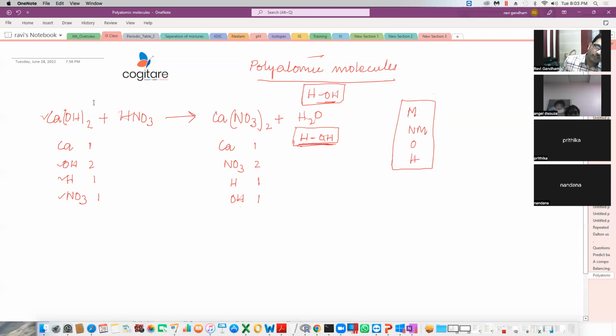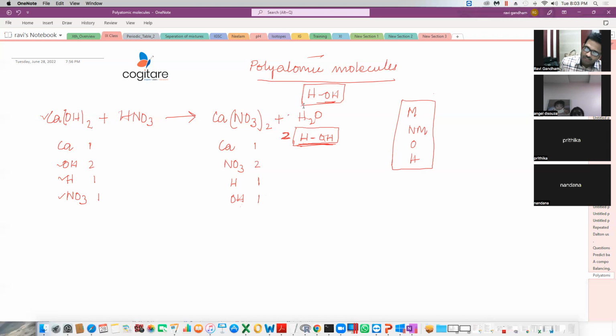Now, since the hydroxyl is not balanced, what shall we do? You have only one hydroxyl group here. So what we generally do is we add a coefficient. You want 2 hydroxyl groups, so you add a coefficient of 2 here. This is clear till here?